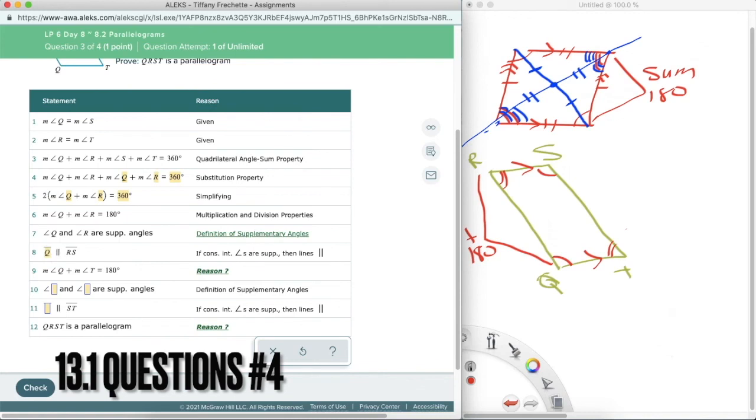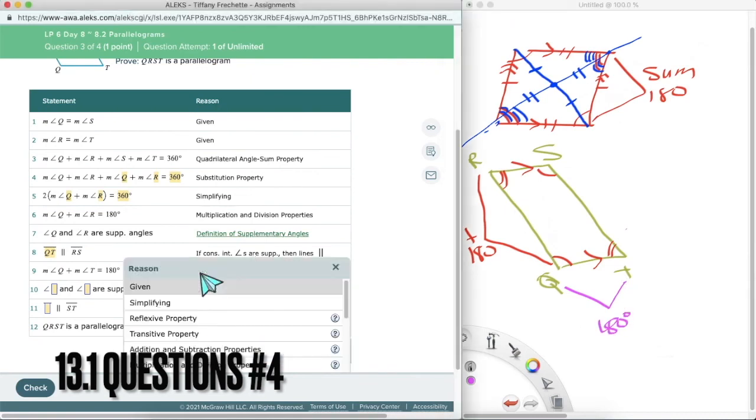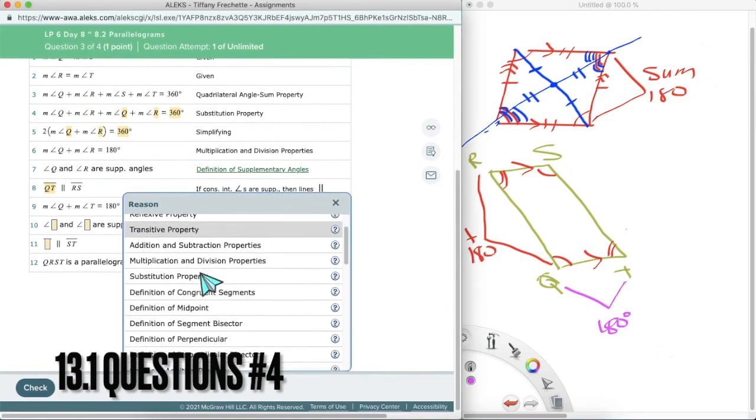And now we have Q plus T. I'll do this guy in pink down here. Add up to 180 degrees. And with this one, let's see, they're not using quite the same reason here.